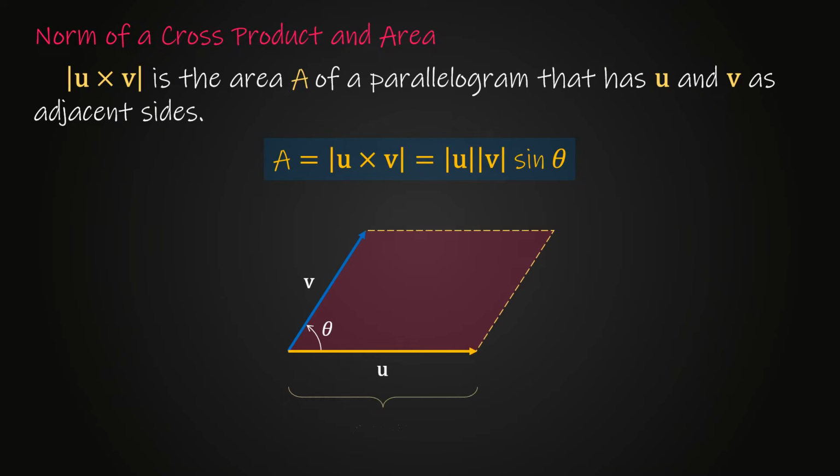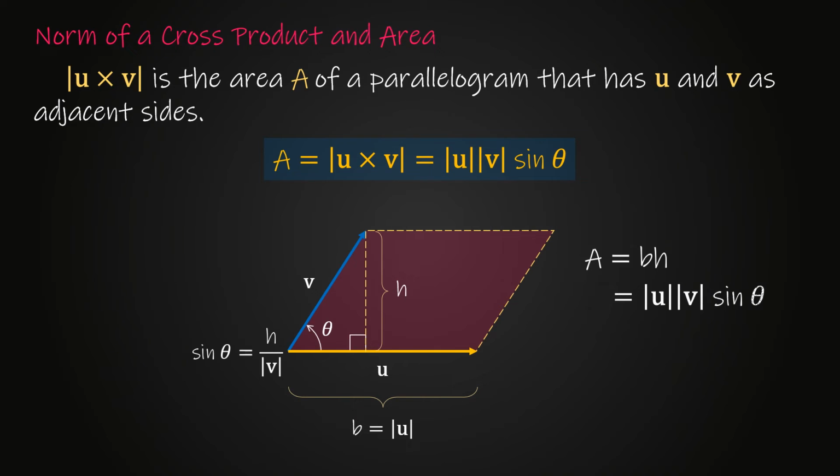The base is the norm of u, while the height is computed using the sine of theta. Because the area of the parallelogram is the base times the height, we get the result that the area is also the norm of the cross product of u and v.